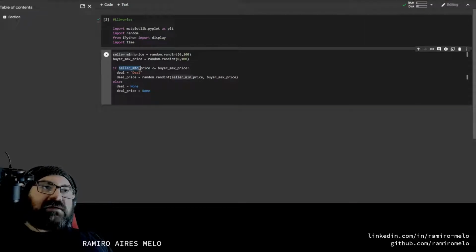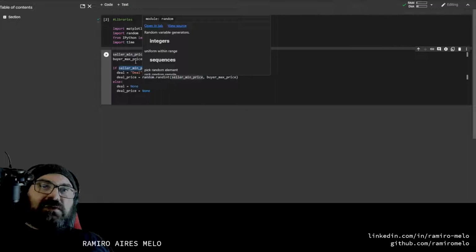If the seller minimum price is less than or equal to the buyer maximum price, we're gonna have a deal, okay? And we will establish the deal price between these two prices. It will simulate the negotiation, okay? And if the buyer's price is less than the seller's minimum price, we won't have a deal, of course.